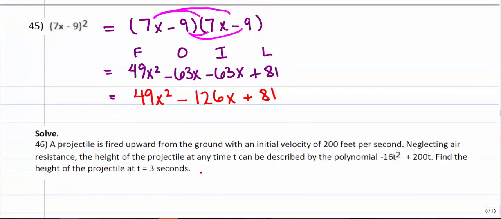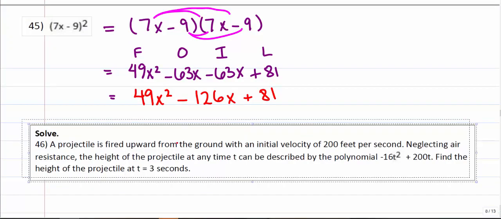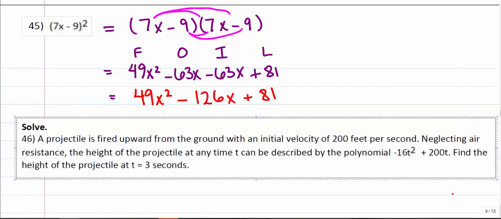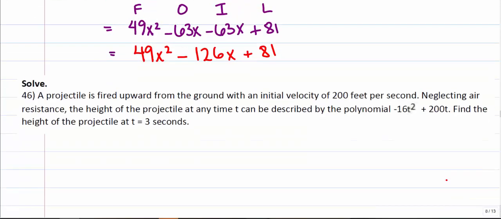All right, 46 looks crazy hard, but it's not. All 46 is asking you to do is to plug a number into this expression here. So you can read all you want, but they tell me t is 3, and they give me an expression with t in it. So all you're going to do on this problem is replace the t in that equation with 3.